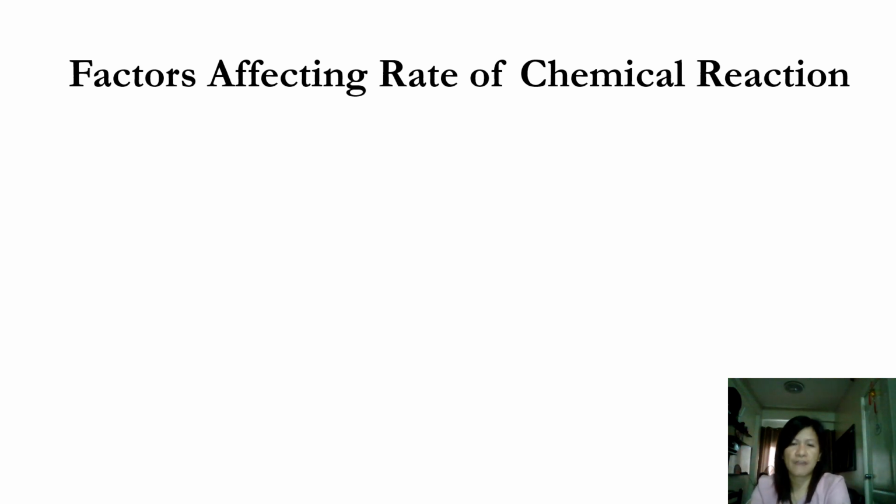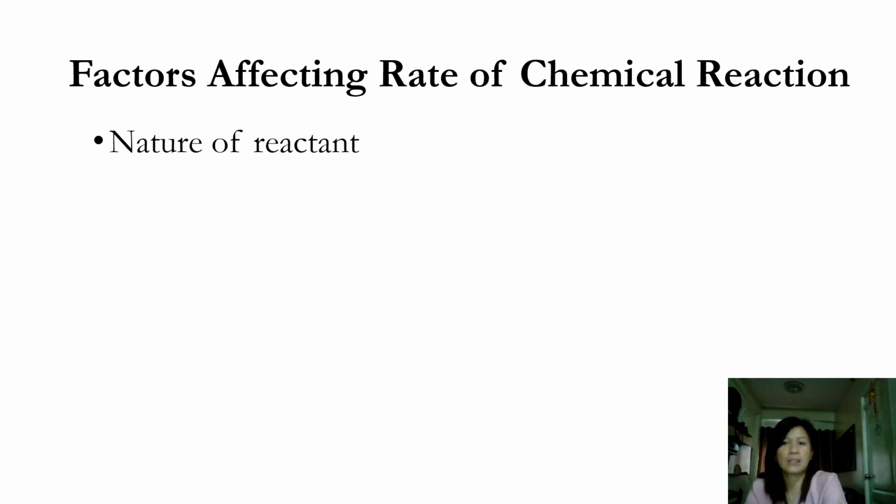There are factors that affect the rate of chemical reaction. One is the nature of the reactants. According to the nature of the reactants, a reaction may proceed at a higher rate or at a slower rate. Again, the rate of reaction is dependent on the concentration of the reactants, not of the products.